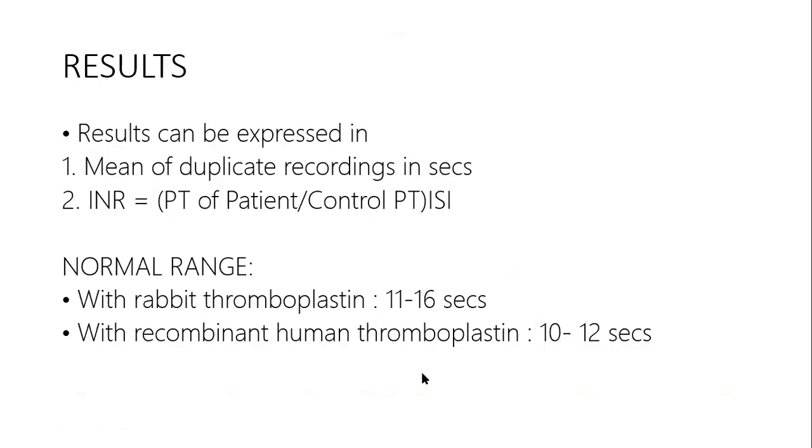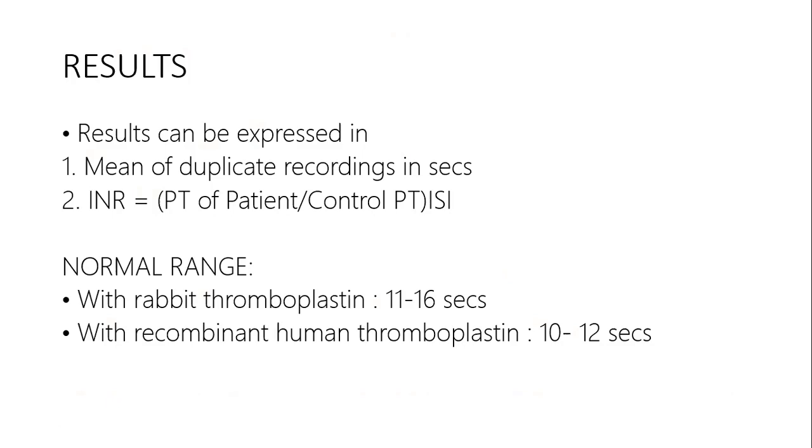So here is the result for your PT. The result can be expressed as the mean of duplicate recordings in seconds. So basically, in the previous picture or slide, you have the picture.